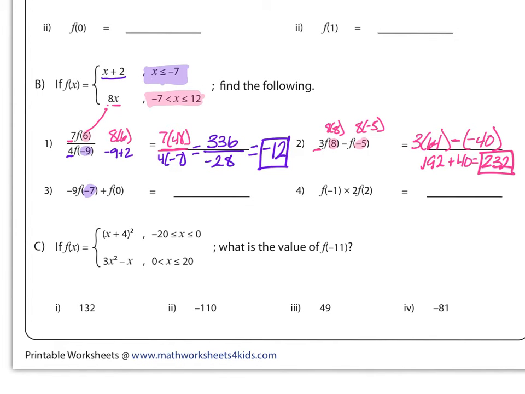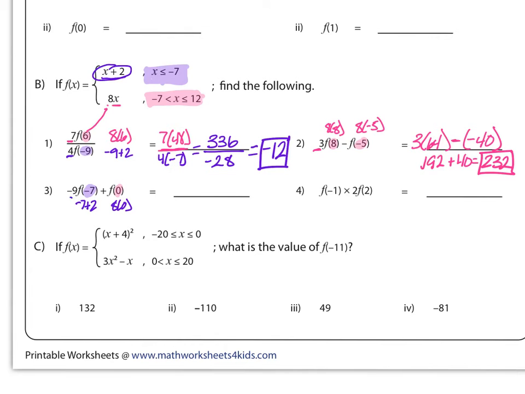And then I've got 0. F of 0 is between negative 7 and 12. So here we go. I'm going to do negative 7 plus 2, which is what it says right here. And then I've got 0, so I'm going to do 8 times 0.